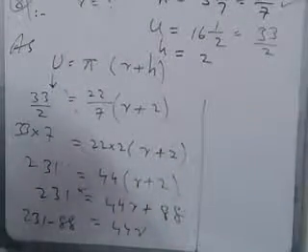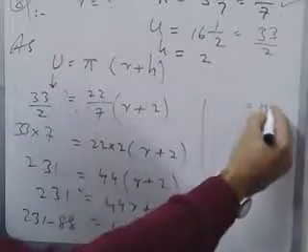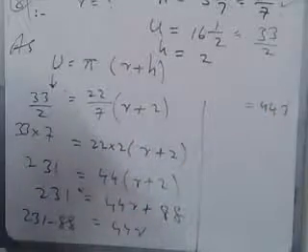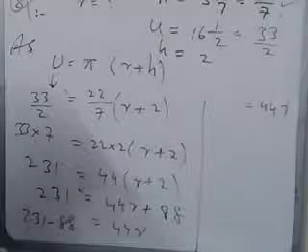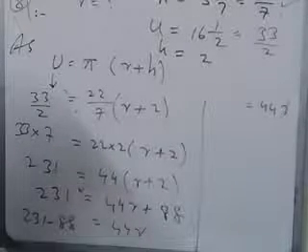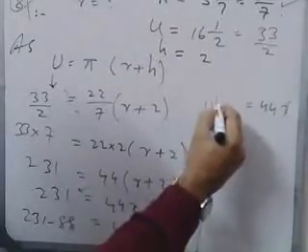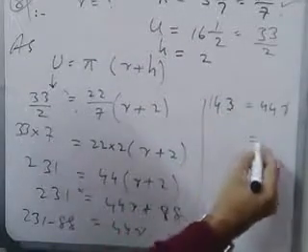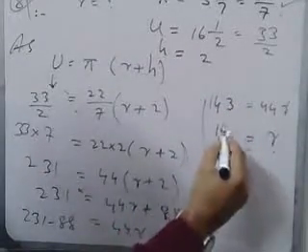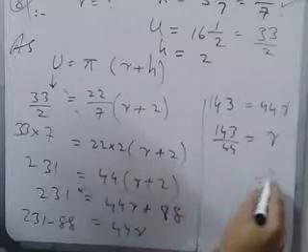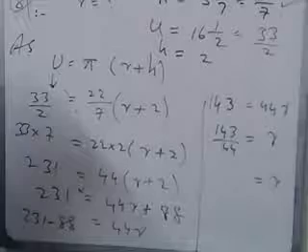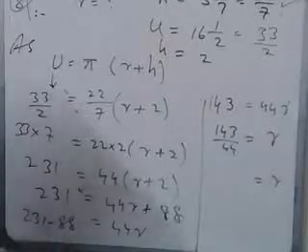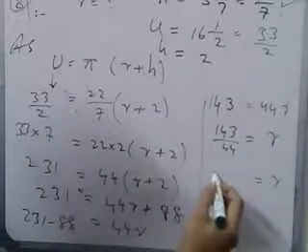The constant term should be shifted to one side, 231 minus 88. You will get 44R equal to 143. If you subtract 231 minus 88, you will get 143. You need the value of R, so 143 divided by 44.